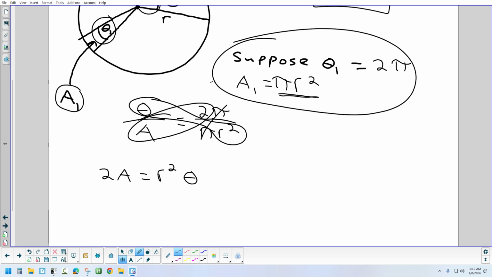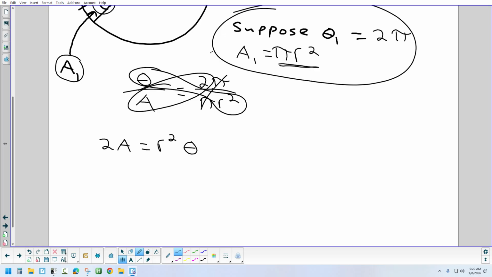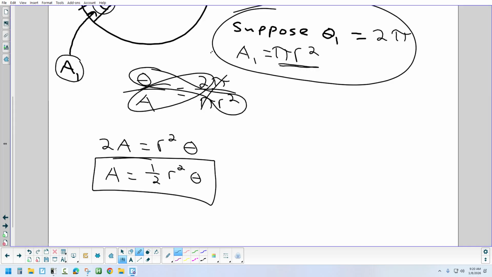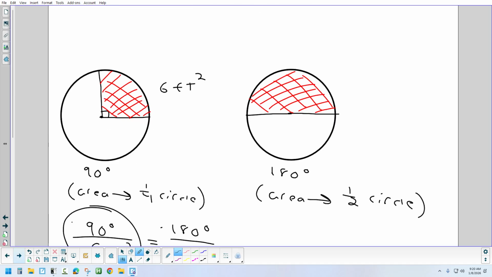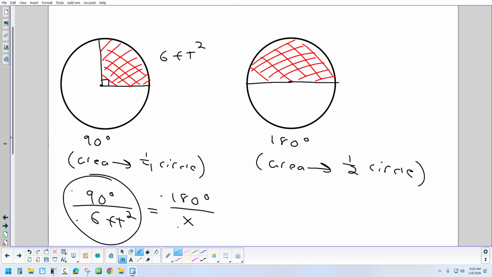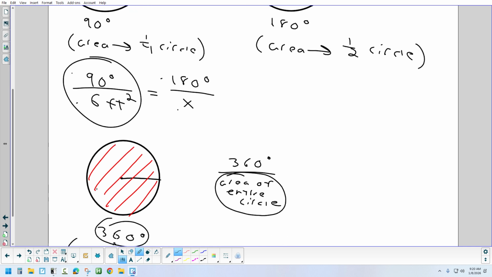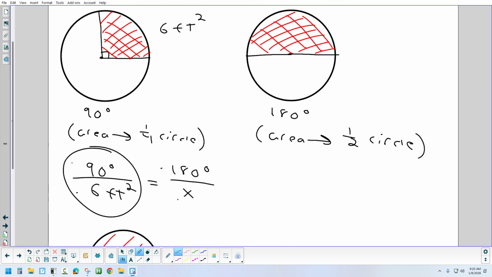How would we get A by itself so we get a formula for just the area and not double the area? Divide by 2. Yeah, divide by 2, or if you multiply each side by a half, that's just how our book does it. But taking half of something or dividing it by 2 is the same thing. And that's the formula for finding the area of a shape, like what's shaded in red right there. Those are sectors. This one is a whole circle, but you could still consider it a sector.